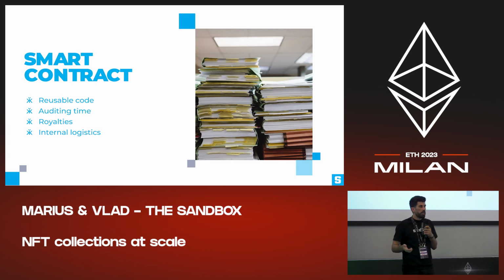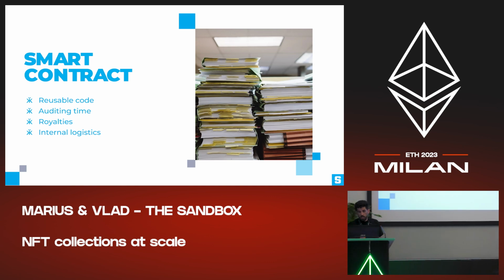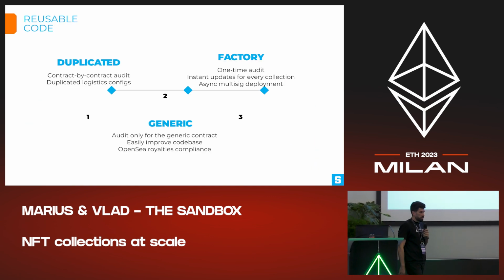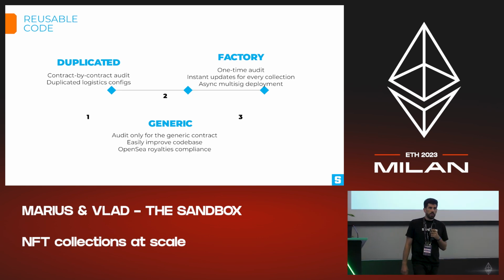Every time we created a contract for a collection, we sent that to the audit. That takes up to 2 weeks to review, and if we have feedback, we implement it, send it again, until we get the green flag from the auditors. Of course, that's not really scalable, because we almost missed some deadlines because of the auditing of the contract.